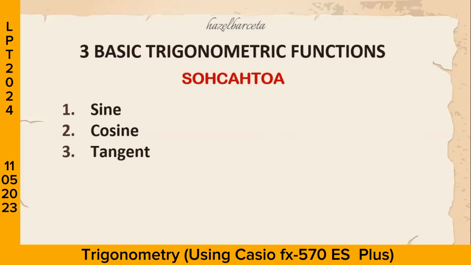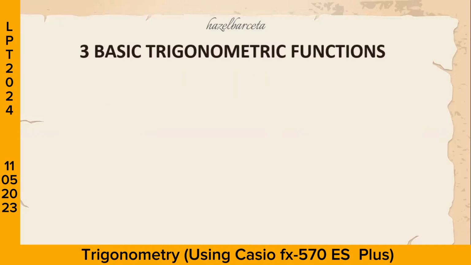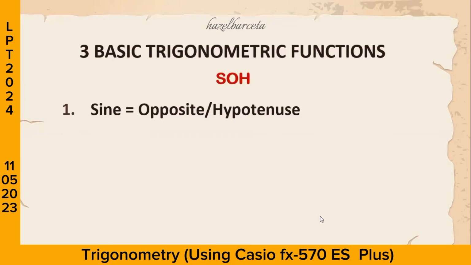So, let's start first with SOH, which means the first letter S is for trigonometric function sine or sin, and O for the numerator, which means opposite side, and H for the denominator, which means hypotenuse.